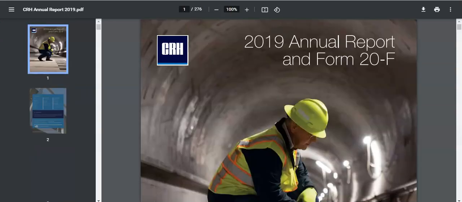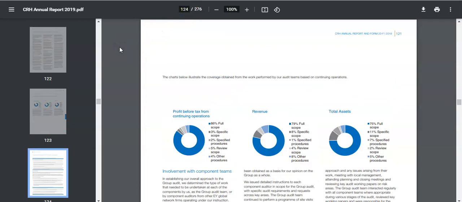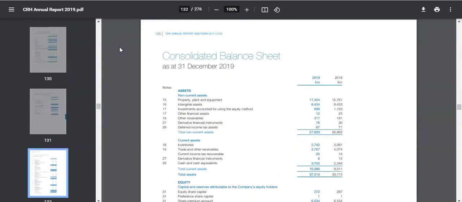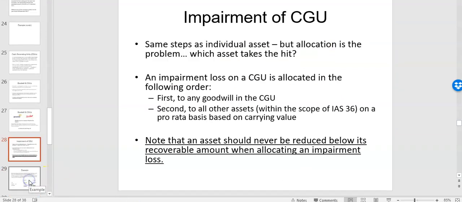The same in CRH, if you go to their annual accounts as well, particularly their statement of financial position, balance sheet, intangible assets, 8 billion, which is again, a lot of that is goodwill. So it's a very important aspect of understanding in accounts is how to deal with a cash generating unit and how to watch for goodwill impairment.